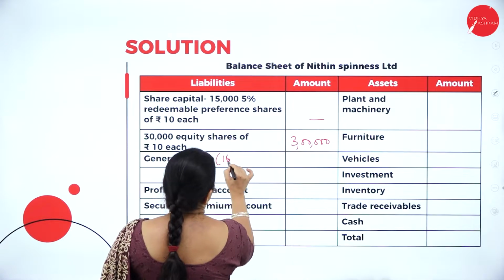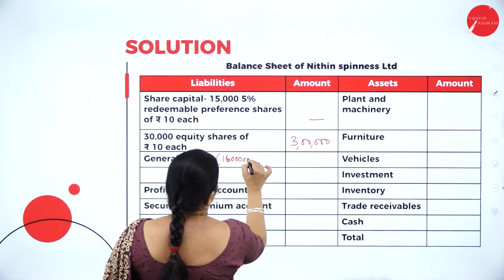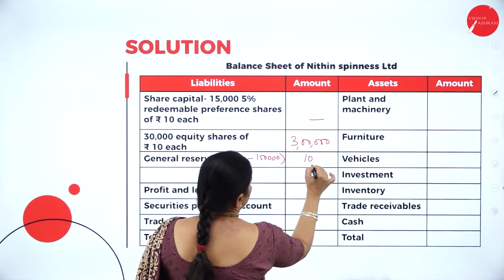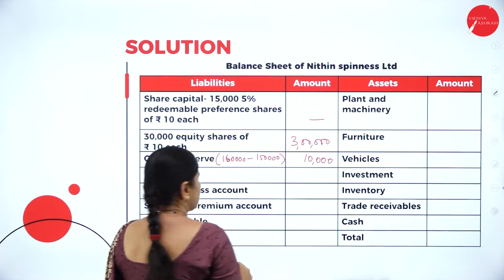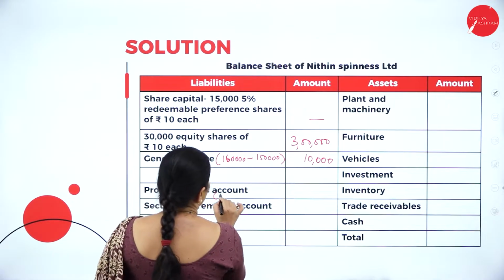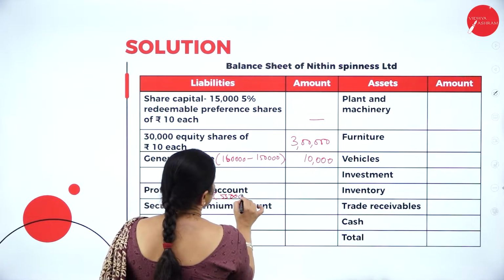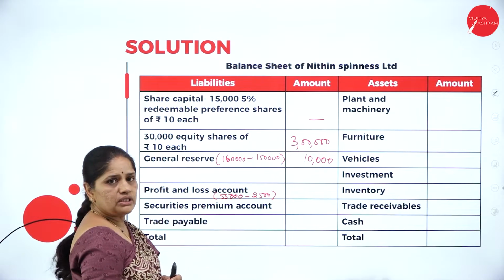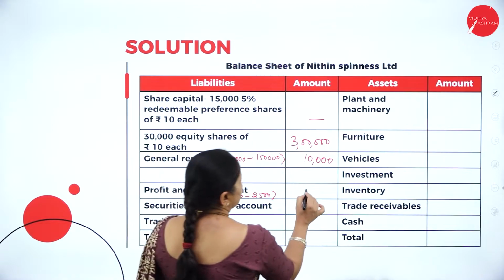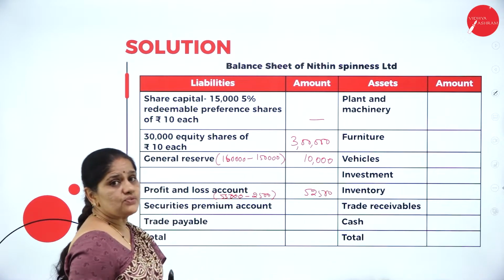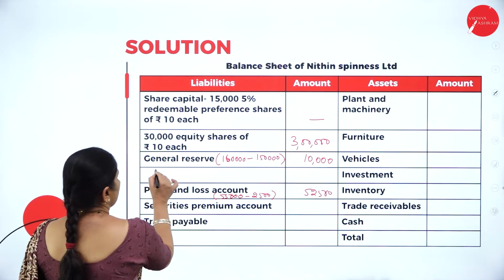Out of 1,60,000, I have taken 1,50,000. So only 10,000 is the balance remaining here. And in the profit and loss account, out of 55,000, there is a loss of 2,500. So I write it as 52,500.